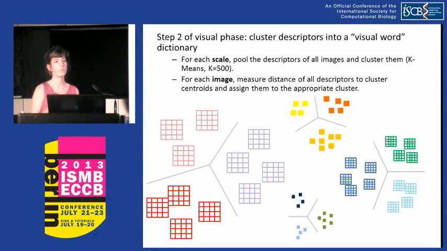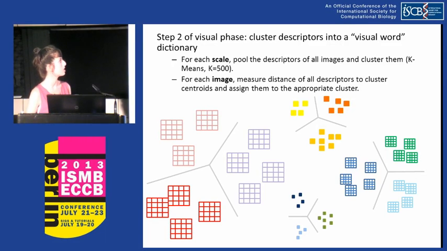And here we find our types of visual words, or types of descriptors. So for each scale, we pool the descriptors from all the images, and then we cluster them using k-means with k equals 500. So this is our dictionary size. And then we define different types of descriptors, and these are different visual words.